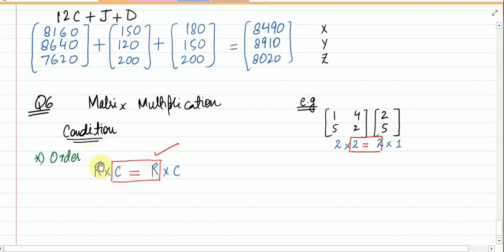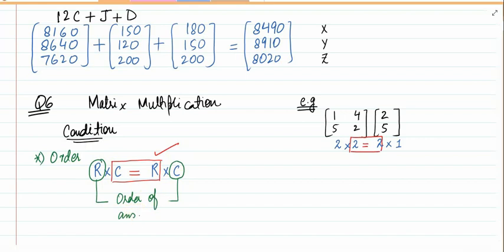What is the leftover part? What do this R and this C represent? They represent the order of the answer matrix. Like in our example, you can see that 2 and 1.